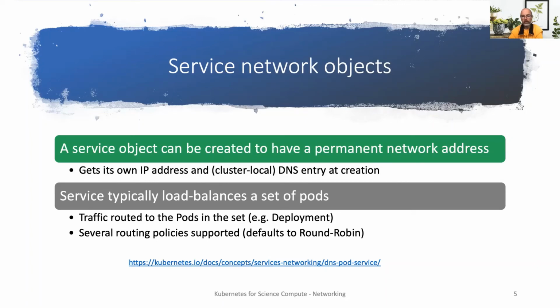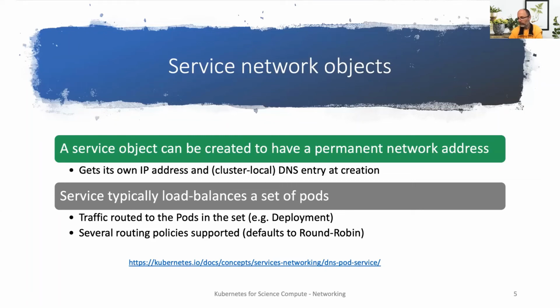So you can send traffic to that service IP, and it will be routed to any number of pods that the service is serving. There are several routing policies available. The default is round robin based on label matching, and you can Google it up for the gory detail.